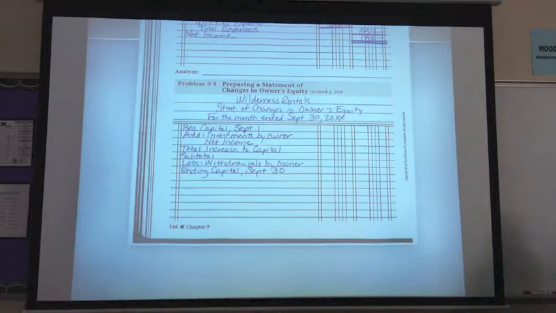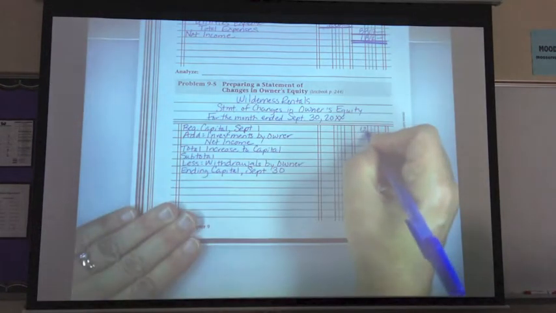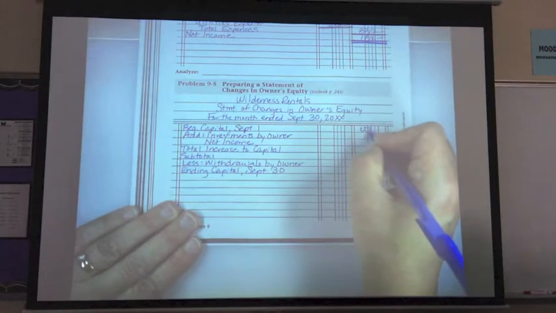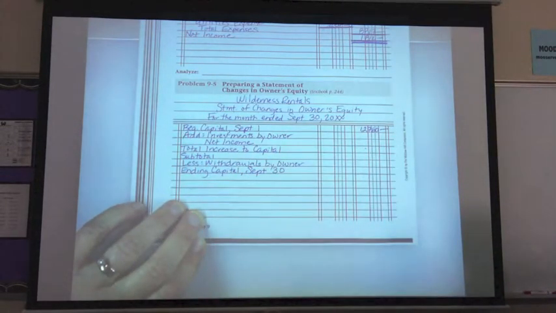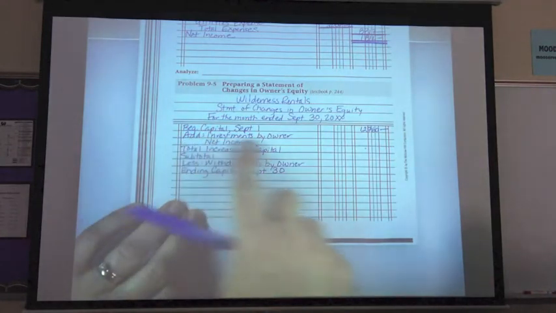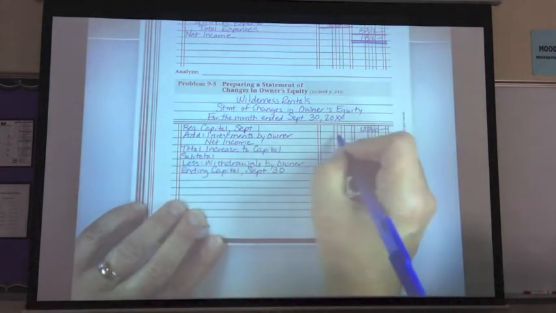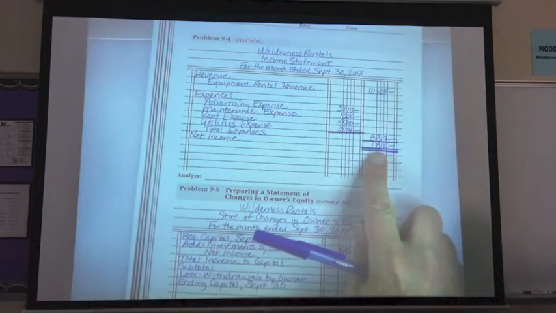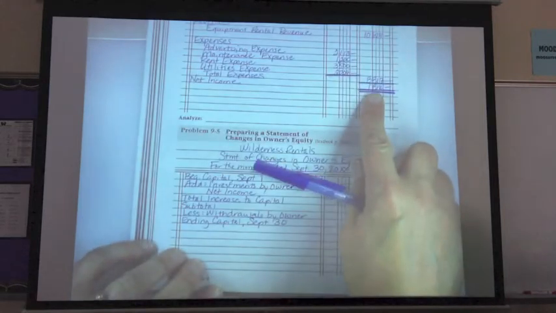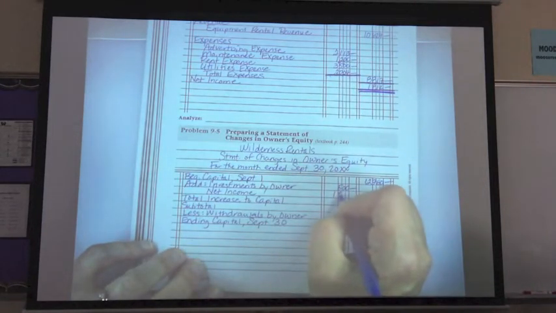I don't have a calculator handy. $12,760 as my beginning capital. According to the instructions, there was an added investment of $500. And our net income from our income statement was $1,812.